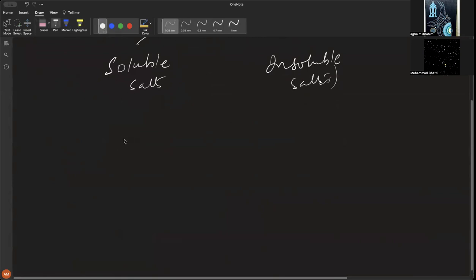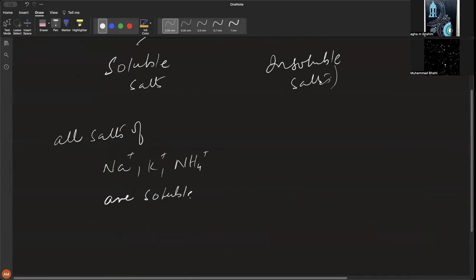We say that all salts of sodium, potassium, ammonium are soluble.